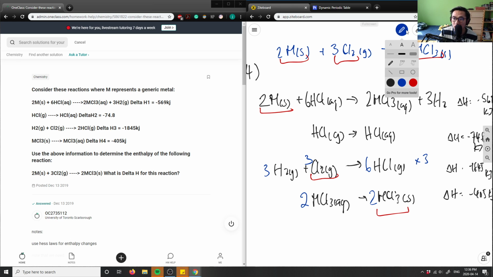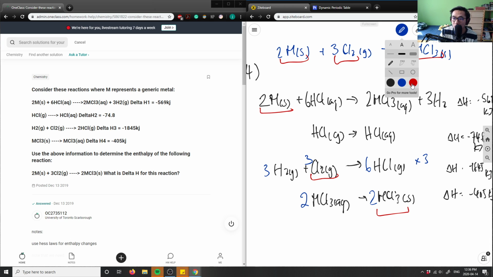And what I also have is some side stuff, right? In order for me to use the first reaction here, I have some HCl being produced, and I also have some hydrogen gas and some other stuff here. So what that does is, if I combine all of these equations together, and I have a reactant on the one side, and if I make it in my products, it cancels out, right?